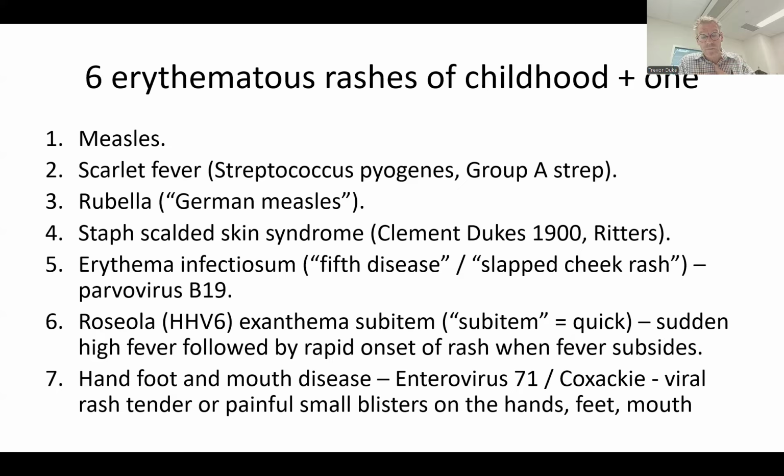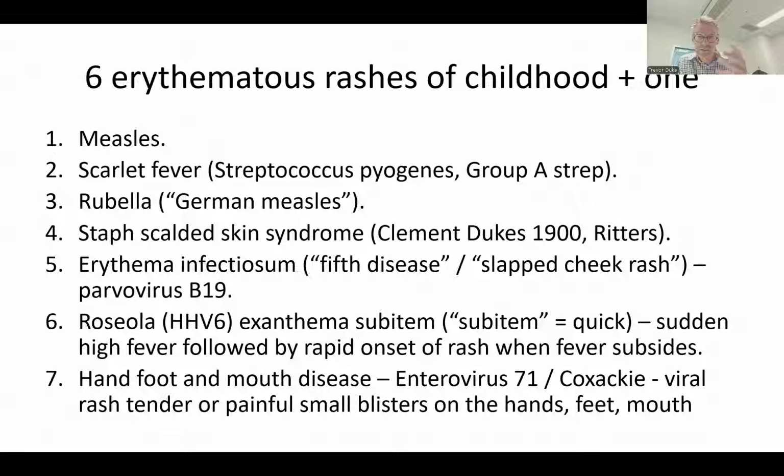It's usually a widespread erythematous maculopapular rash. It's usually not as coarse or as confluent as measles or rubella. It's usually a bit sparse, but it's always preceded by a very high fever. It's usually a fairly benign illness in children, but some children can get very sick with roseola.